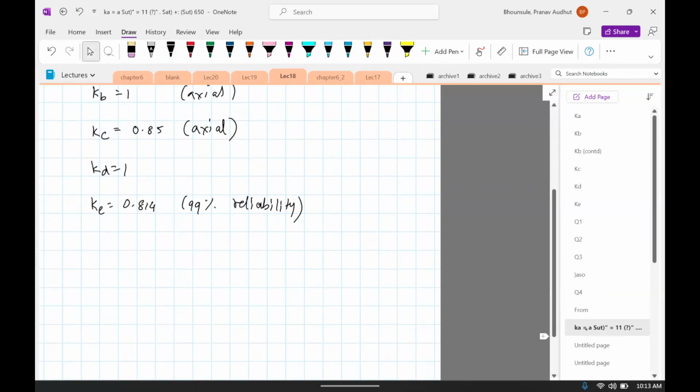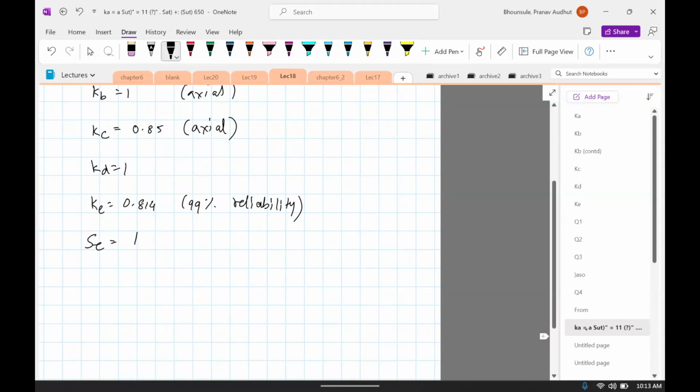Okay, so we are all set to compute the endurance limit. Se equals Ka times Kb times Kc times Kd times Ke times Se prime.